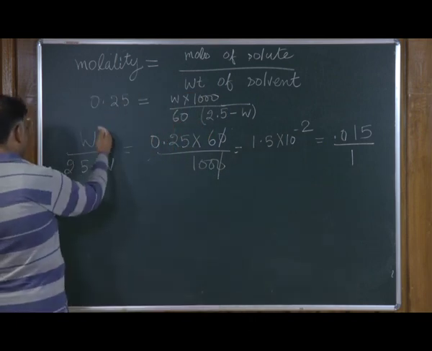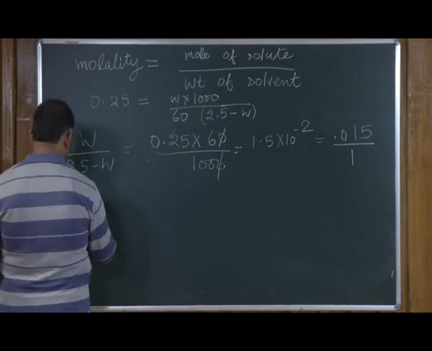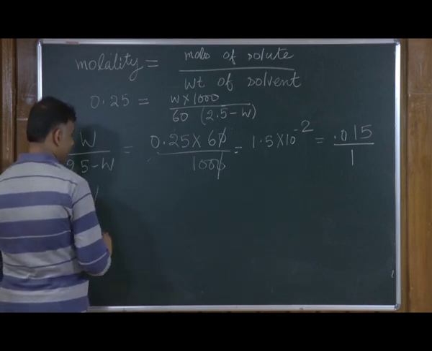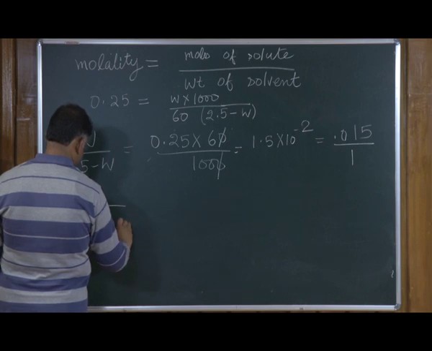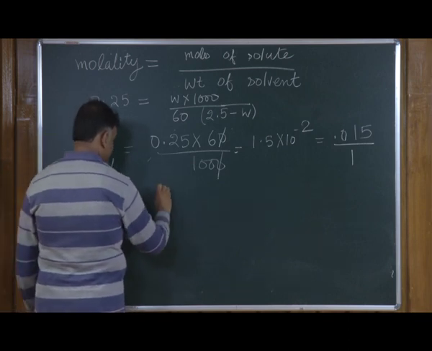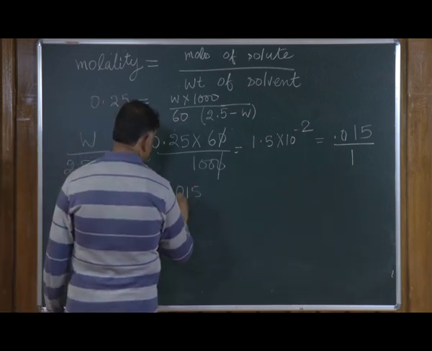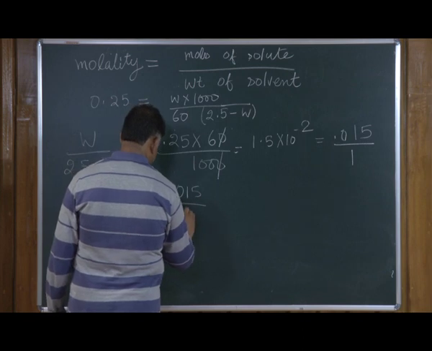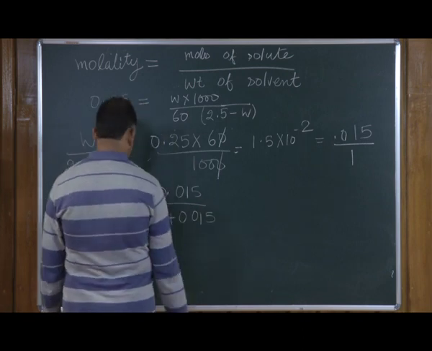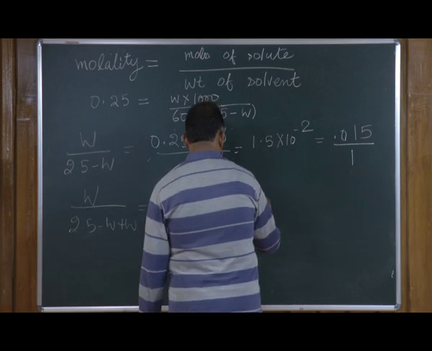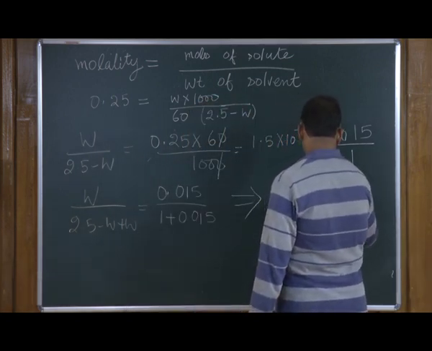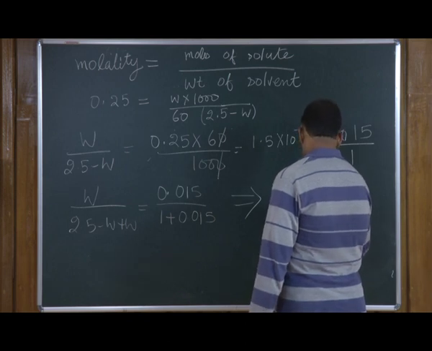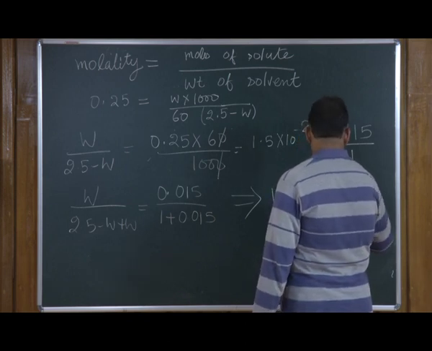Adding numerator and denominator will simplify the whole equation. That would be W by 2.5 minus W plus W is equal to 0.015 by 1 plus 0.015, and the answer is straightforward. W is equal to 0.015 divided by 1.015 into 2.5.